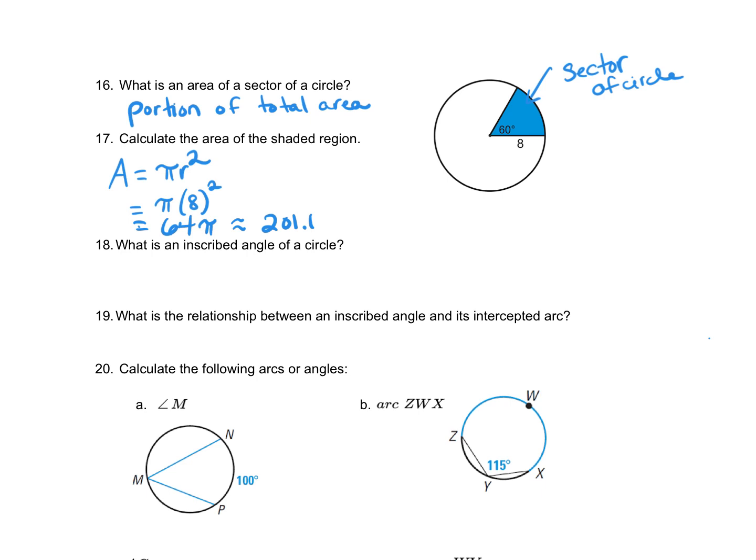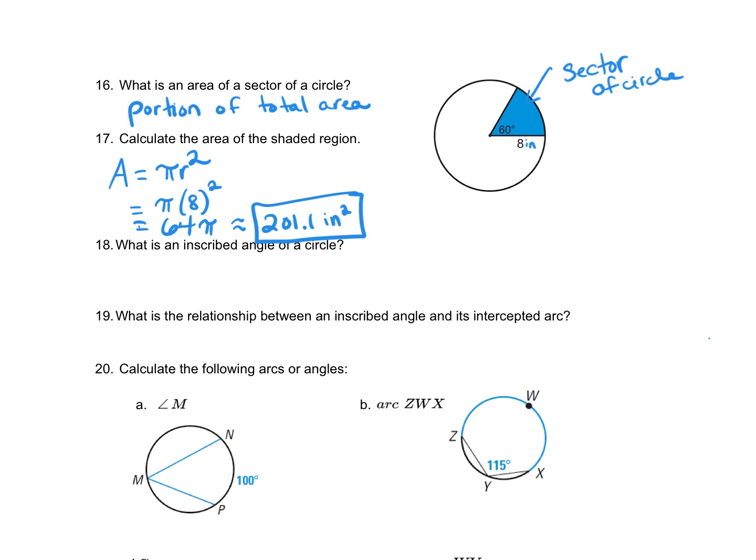Now, unfortunately, this diagram doesn't have units. We'll just say it's inches. So if the radius is 8 inches, the total area of the circle is 201.1 inches squared. Okay, so that's the total area.